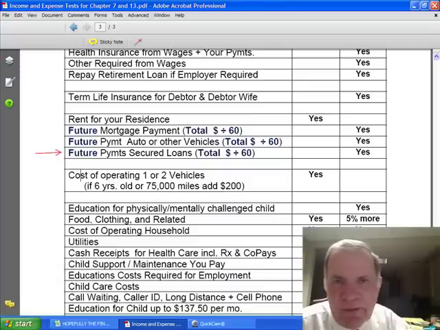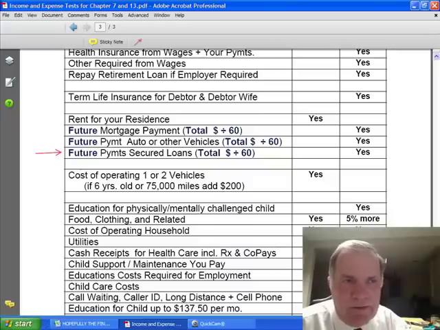Now, here are some limitations you need to deal with on this. Let's say you're a single person filing. You can only deduct this operating expense for one vehicle. If it's a husband and wife filing, we can deduct for two vehicles.